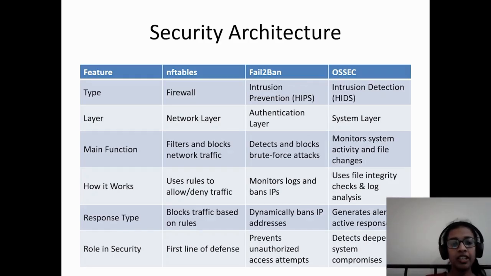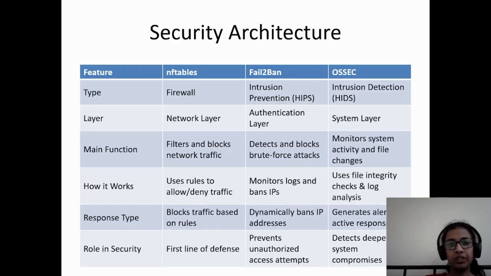Here we can see the security architecture. This table explains our defense in-depth strategy. We aren't just using a single firewall. We have built a security sandwich to protect the server at every level. We use nftables at the network layer to control the traffic.